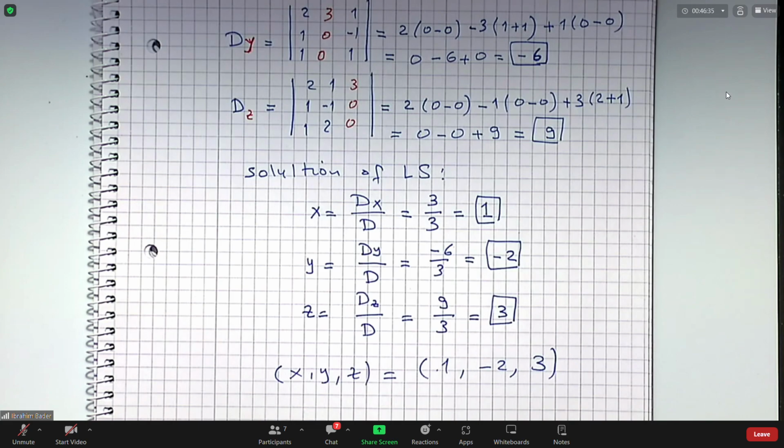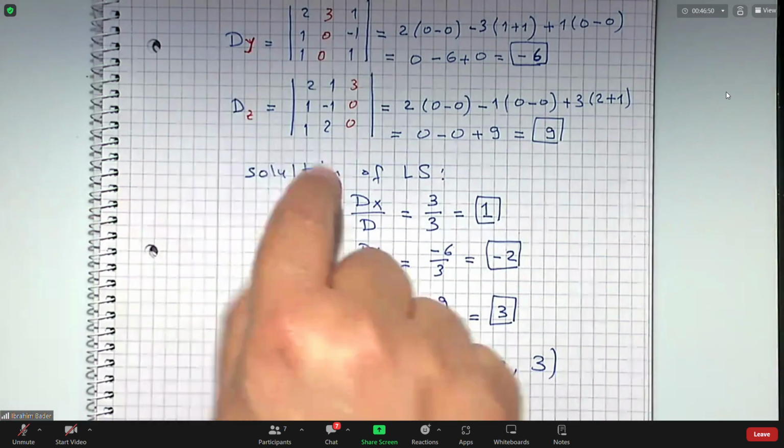And also, if you want to solve for one variable, for instance, if you are an engineer, you have this relation given by this system of linear equations, and you are only interested in the value of, let's say, the variable y.